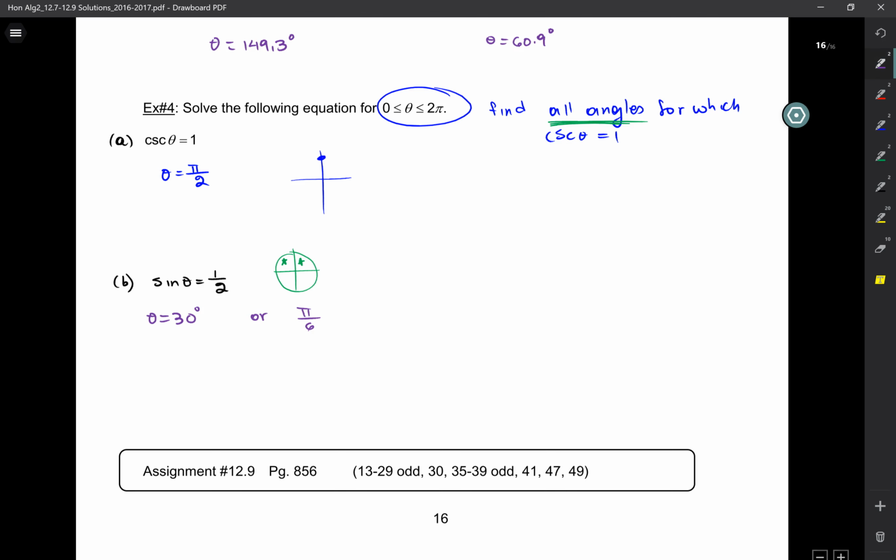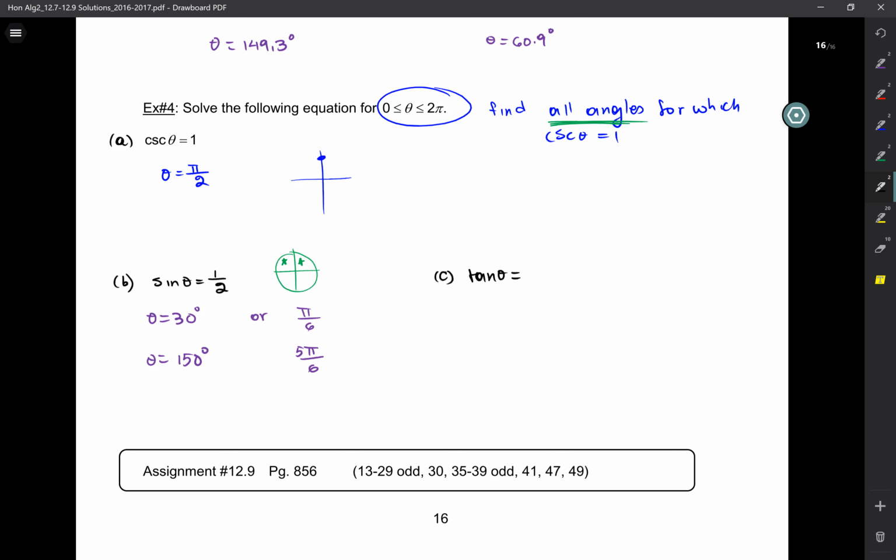Either 5 pi over 6 or, in degrees, 150 degrees. Is there another quadrant until you hit 2 pi where sine is positive? No.